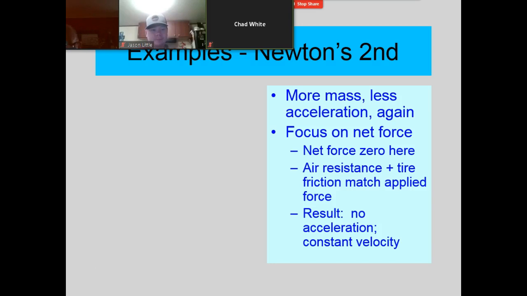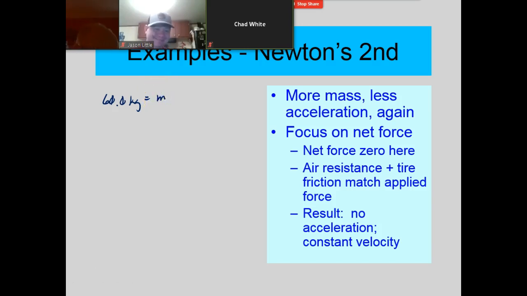A 60-kilogram astronaut. I hope you know what that unit measures, kilogram. What does kilogram measure? Mass, absolutely. I can't hear you, but I see your mouth moving.